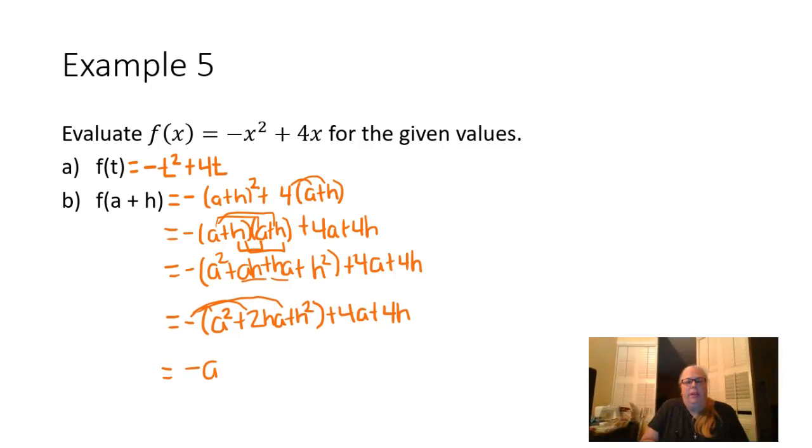So we've got negative a squared minus 2ha minus h squared plus 4a plus 4h. And if there were any like terms here, now would be the time to combine them, but there aren't any, so we're finished.